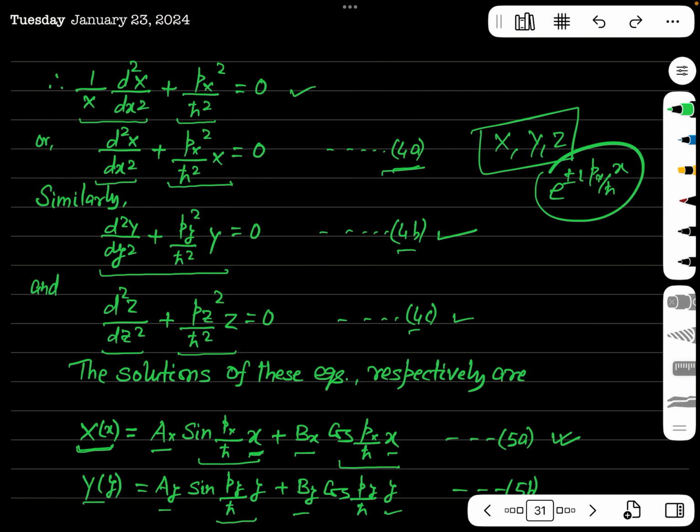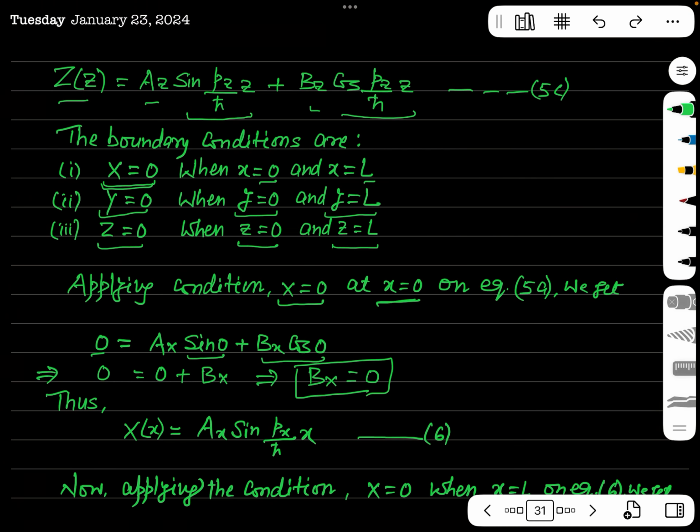And since Bx is 0, this equation 5a now will be what? This will be X of x equal to Ax times sine Px over h bar times x. Okay? So now write this.